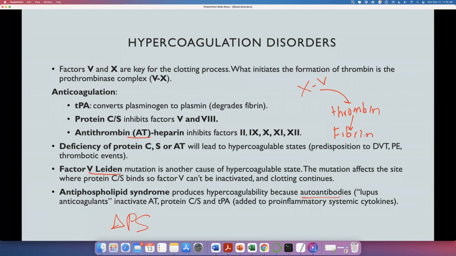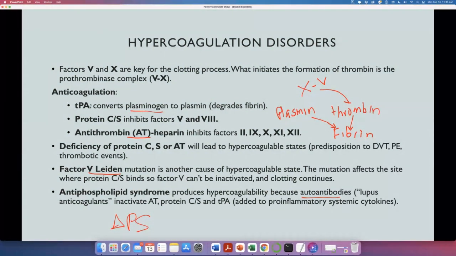Now, when we form the clot, this fibrin has to be destroyed by fibrinolytic proteins. And the most important fibrinolytic protein is plasmin. Who activates plasminogen to form plasmin?